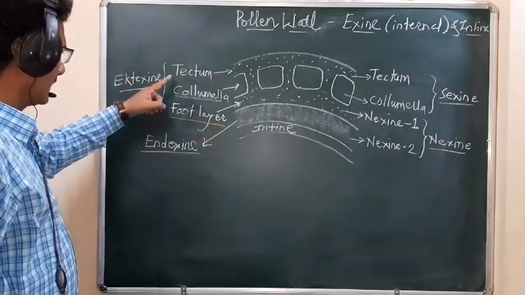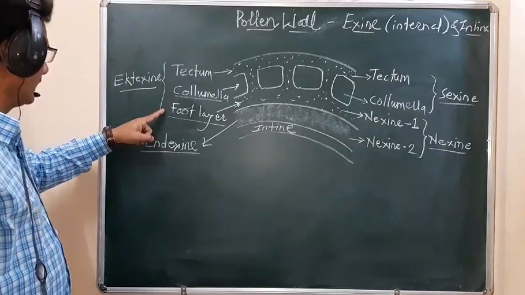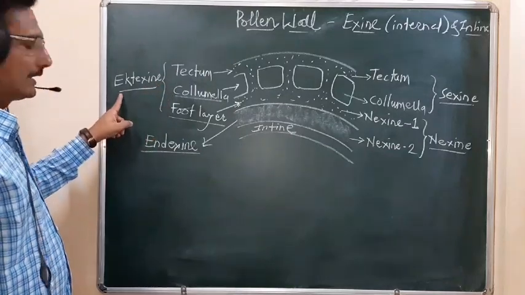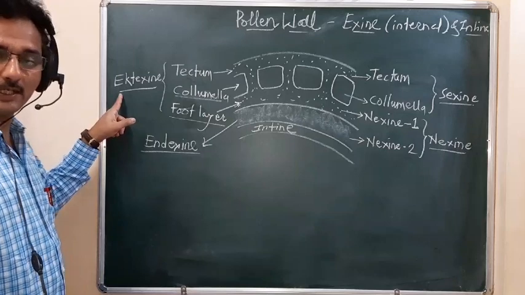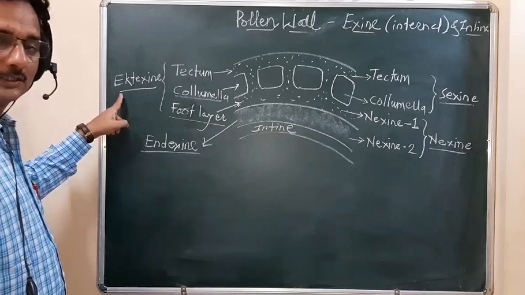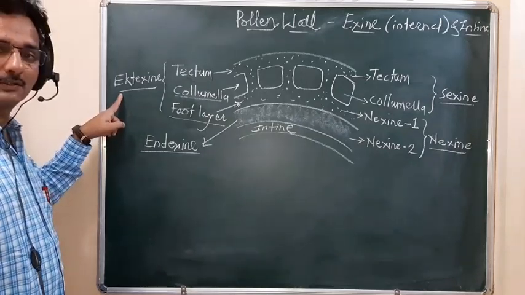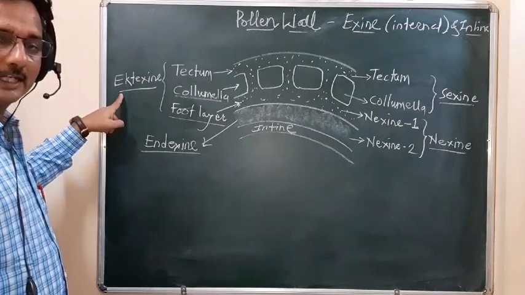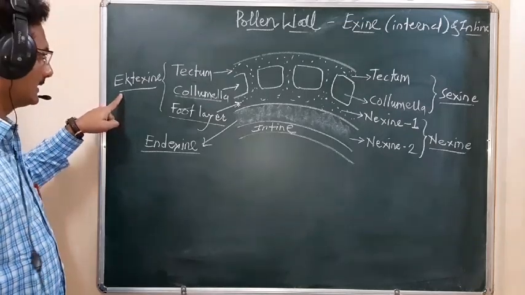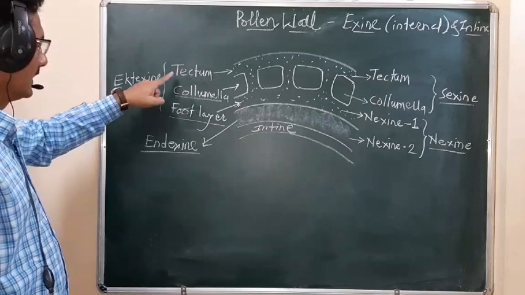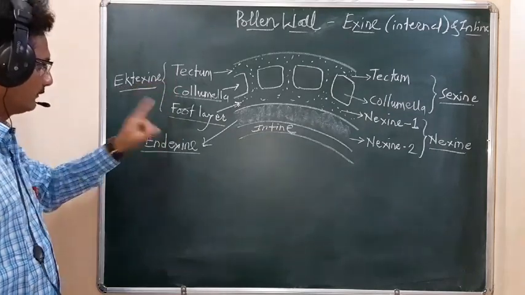So together, this tectum, columella, and the foot layer are called the ectexine. So this is the outermost part of exine. The ectexine has three regions: tectum, columella, and foot layer.